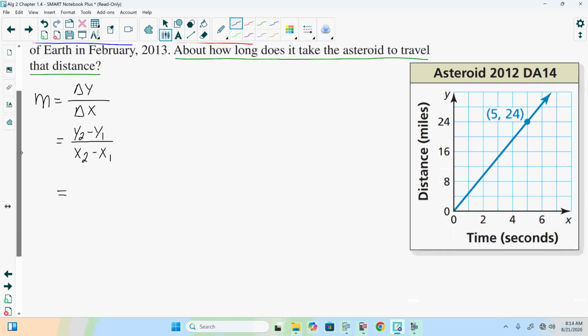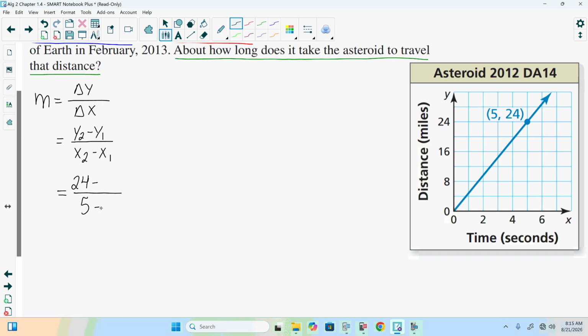As we look at this graph here, they did give us a specific point, 5, 24. So the y value is 24, x value is 5, because every point comes in the form x comma y, because x comes before y in the alphabet.